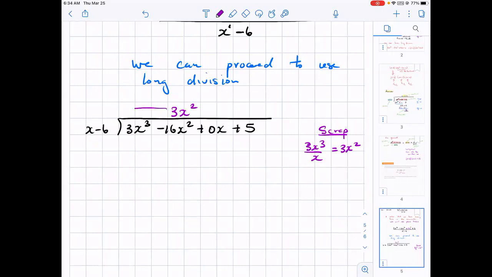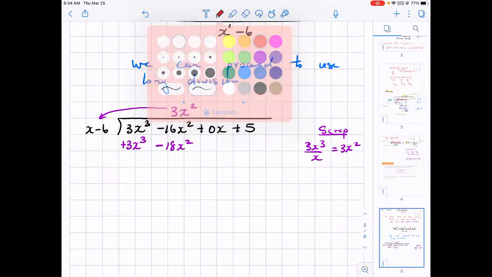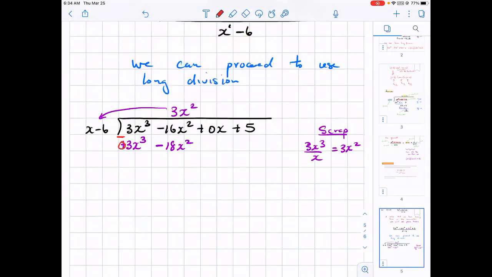And then we distribute. 3x squared times x becomes positive 3x cubed. And then 3x squared times minus 6 becomes minus 18x squared. Don't forget, we have to change the sign, so this becomes a minus, and this now becomes a plus.